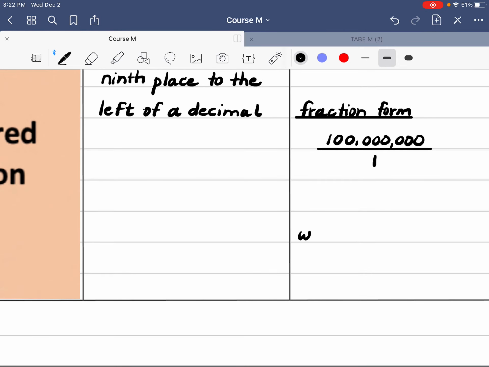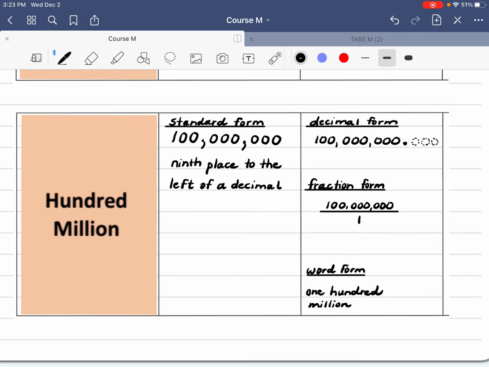So let's go ahead and follow our forms. And then I'm going to show you the new one today, the scientific form. Word form is just 100 million, because we are using a 1 with all those zeros.